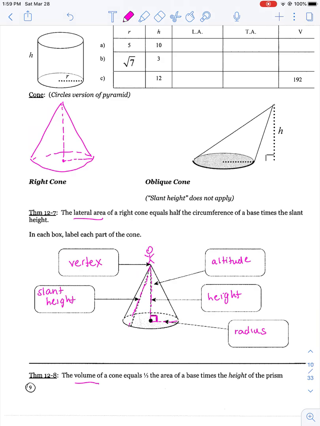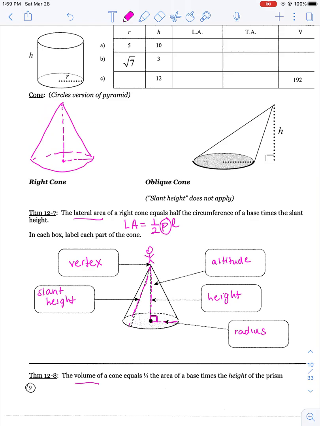If we think about the lateral area formula that we learned before for pyramids, it was one half P times L, where P stood for perimeter. Since a cone is the circle version of a pyramid, what we want to replace is the perimeter of the base.